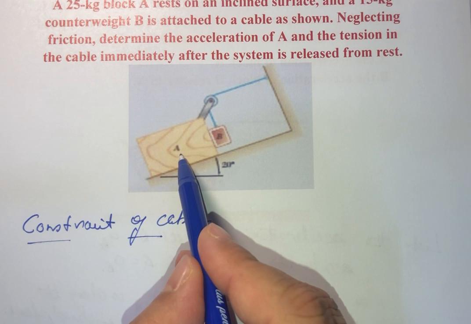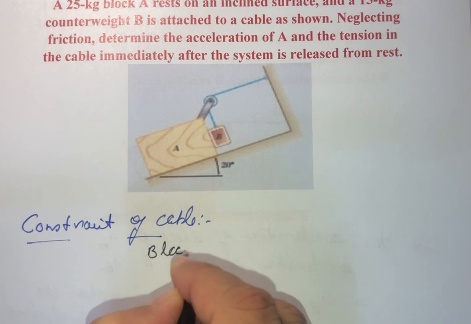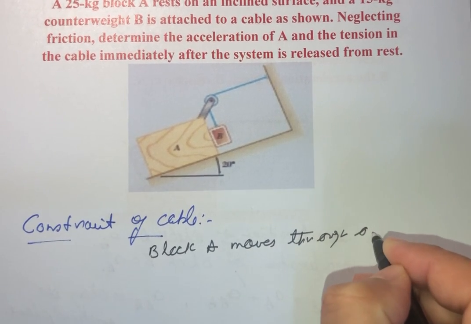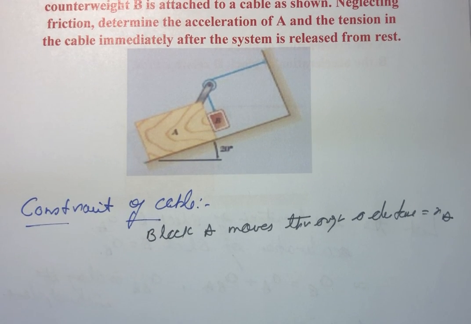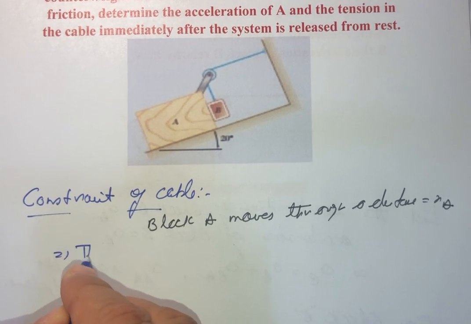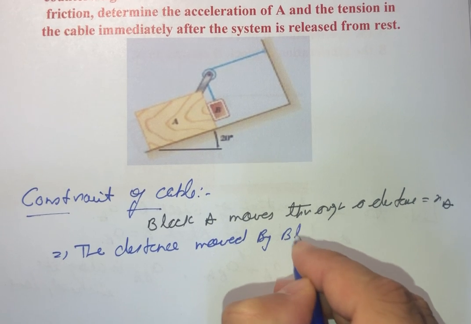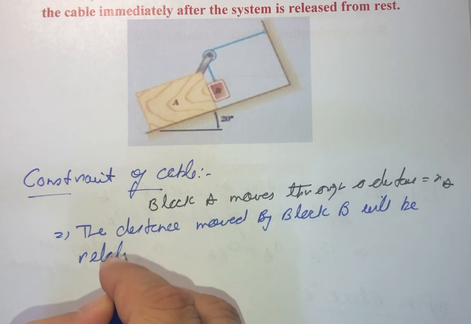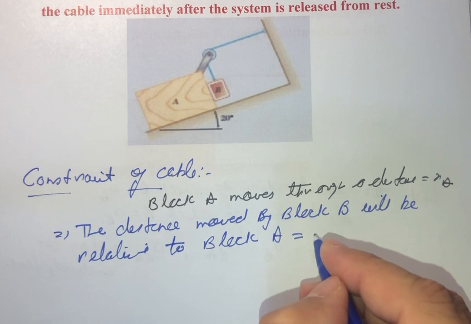If block A moves through a distance of xA, then the movement of block B will be relative to block A. Therefore, the distance moved by block B relative to block A, let us suppose, is given as yBA.